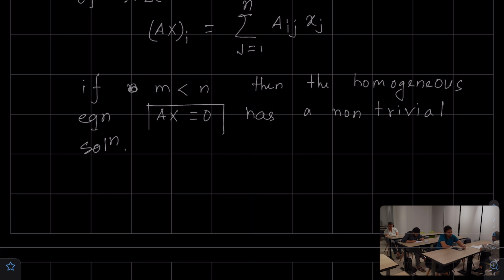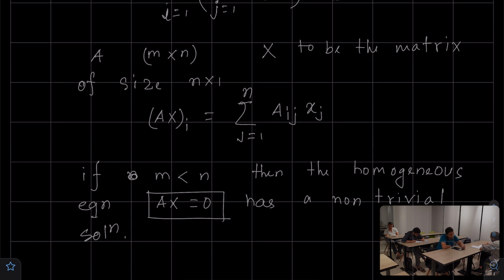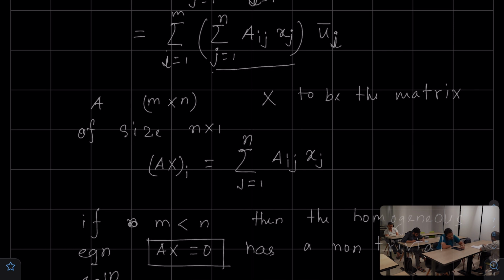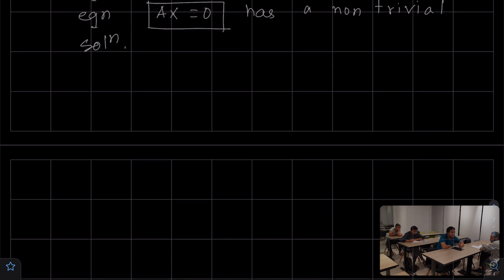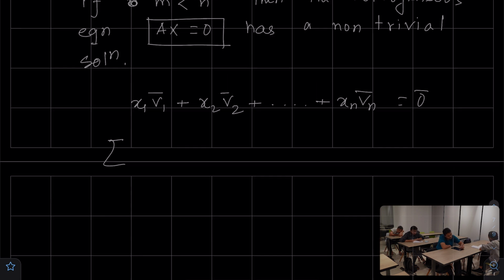So since Ax equal to 0 has a non-trivial solution, that means this xj, this n cross 1 matrix, doesn't have to be equal to 0, right?